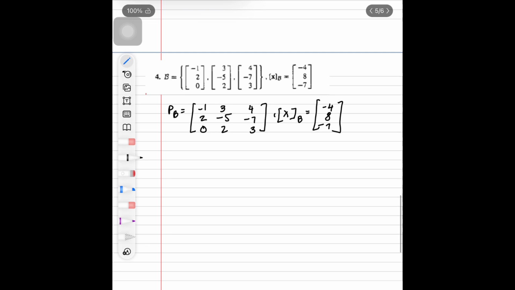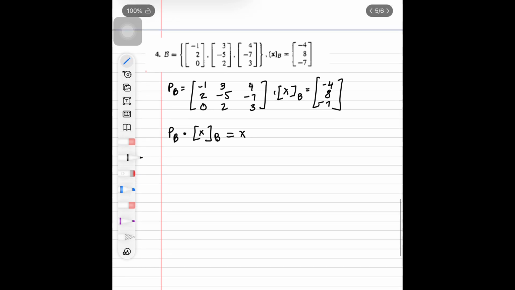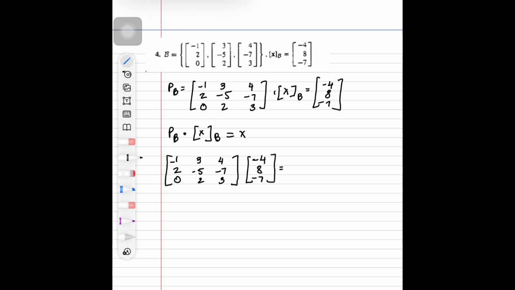So we have the equation p of b times the coordinate vector equals x. Let's write down the equation. -1, 3, 4, 2, -5, -7, 0, 2, 3 times -4, 8, -7 equals x.